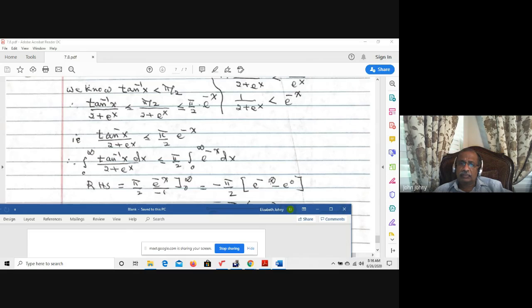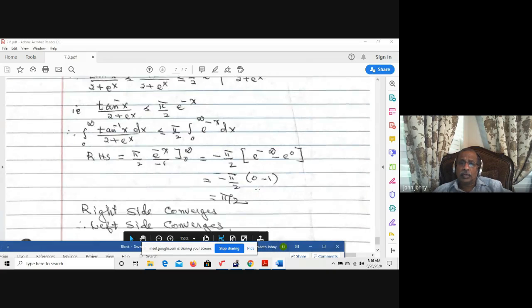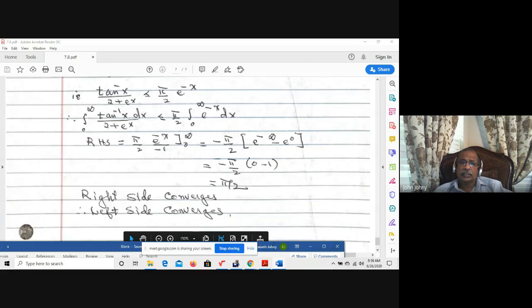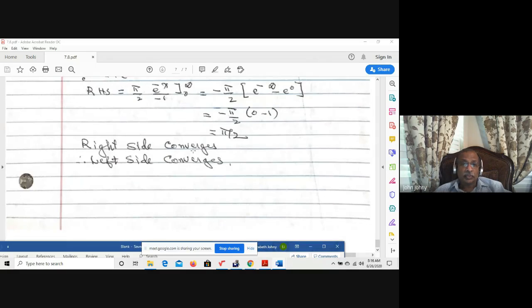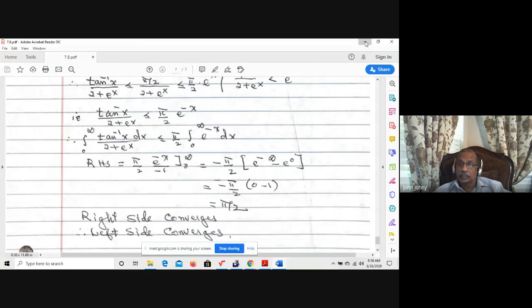E to the negative infinity is 0. So the final answer here is pi over 2. The right side is convergent, therefore the left side converges because that whole expression is less than or equal to pi over 2 times e to the negative x. Okay, that's all about that section.